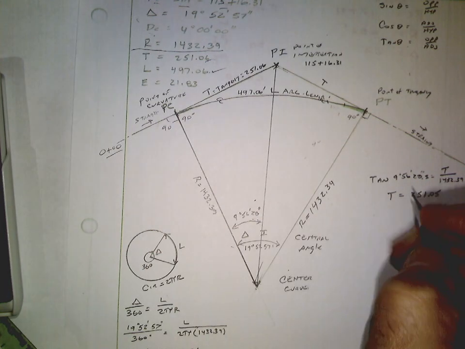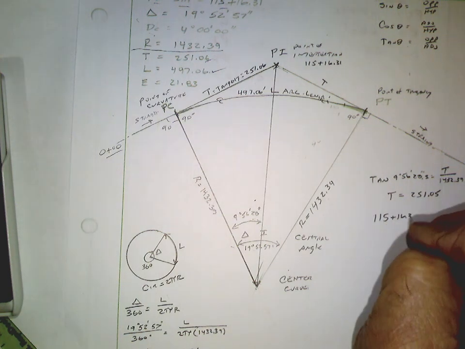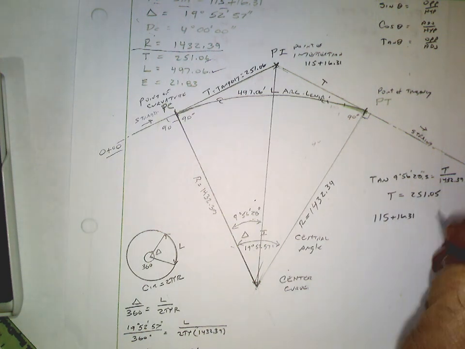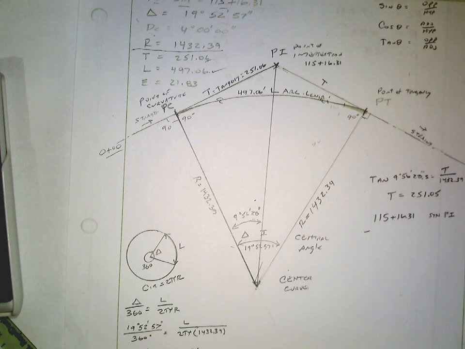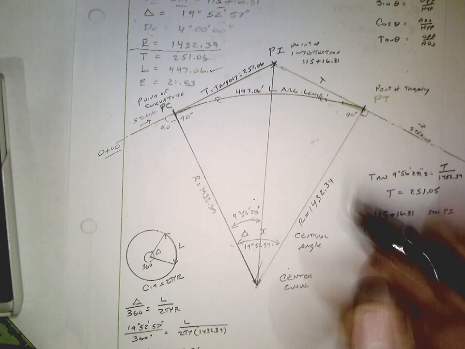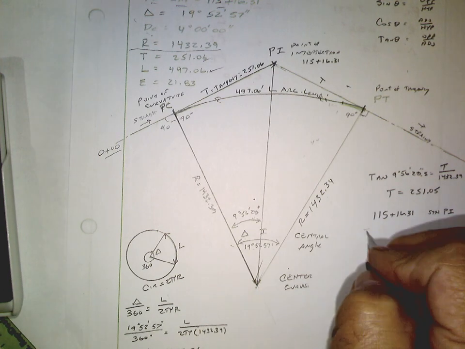So we can take 115 plus 1631, station of the PI. And whenever we're dealing with stationing, really all we do is get rid of the plus sign.